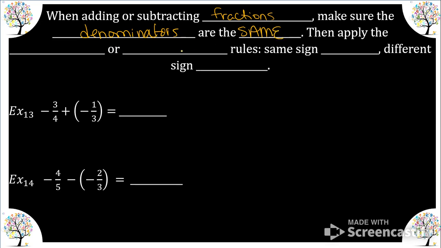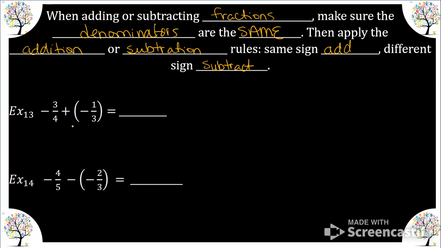Then apply the addition or subtraction rules. And when we apply the subtraction rules, we're really doing keep, change, change. And then in the end, if the signs are the same, we will add and apply the sign. And if the signs are different, we will subtract and take the sign of the one we have more of.